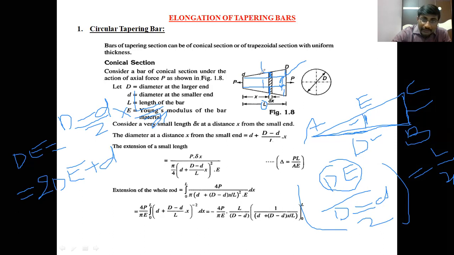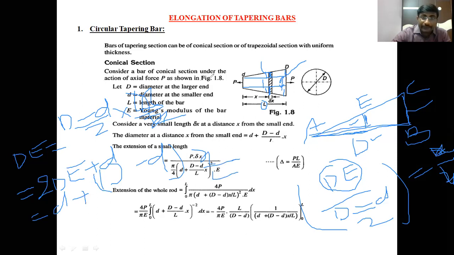Because there is small d, one DE, and another DE on the other side. Multiplying by 2, the 2 cancels, giving D plus capital D minus small d into L by X. Sorry, here it is X by L. DE by BC is X by L. Therefore, small d plus capital D minus small d into X by L.